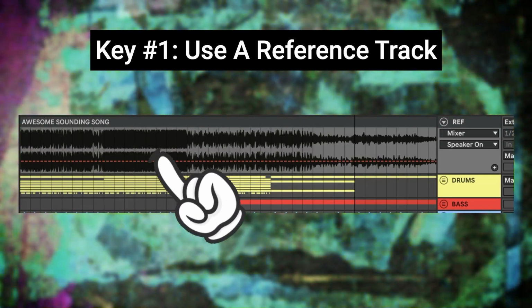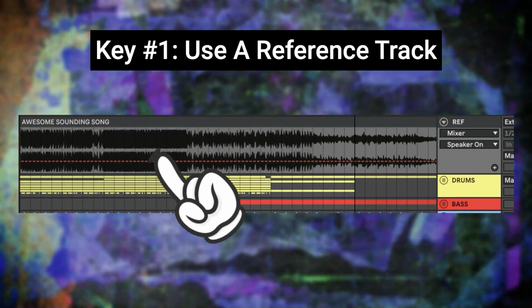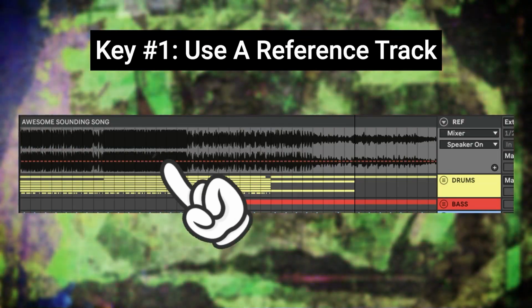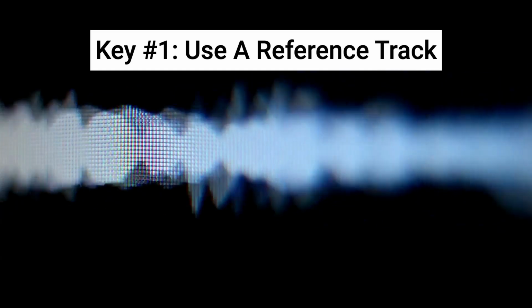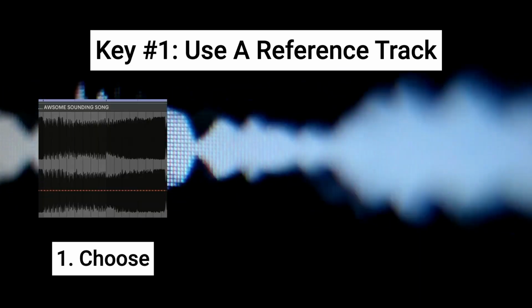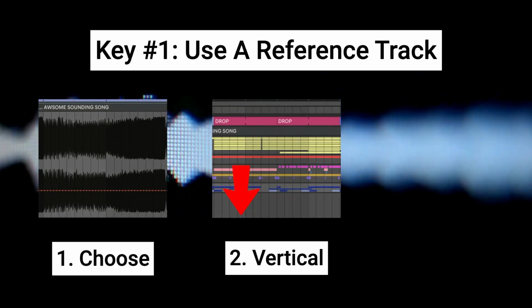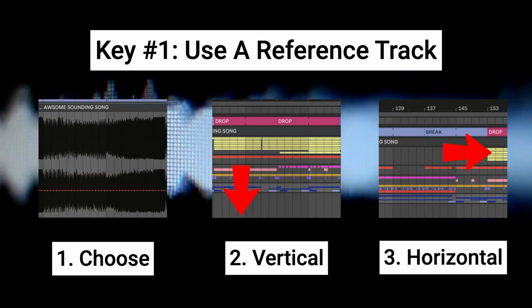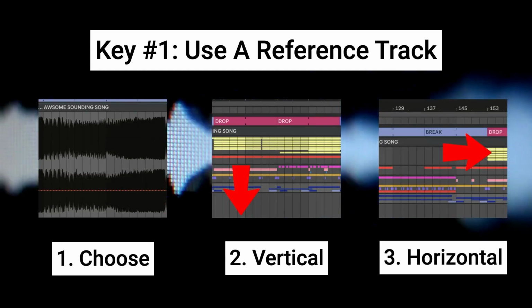In particular, we use that reference track to focus on the bigger macro transitions so that we can arrange our songs horizontally very quickly. However, we do need to make sure that we follow the 3-step process by first choosing the reference track and then following it to build out our loop vertically. This way that when we start to build things out horizontally, we have plenty of layers to work with when we're arranging.